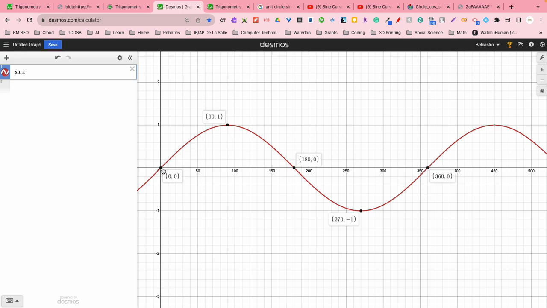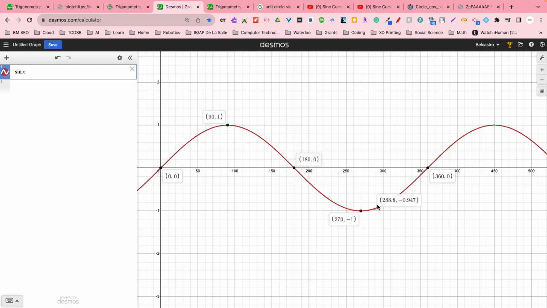A period is when we return to the same point along this wave in the same fashion. If I start at 0, I return to 0 after 180 degrees, but not in the same fashion. Here it's on a decreasing slope, while here my rate of change is increasing. So it's not in the same fashion that I've returned.